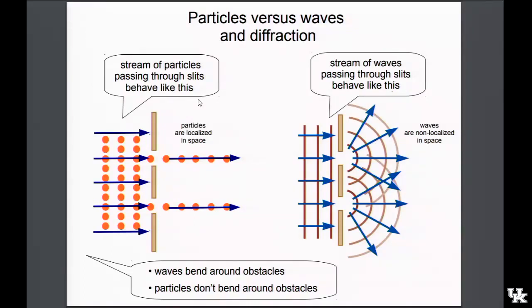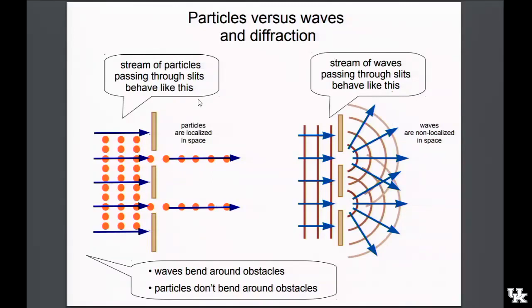And on the right here, I've got an identical wall, and I've cut two slits in this wall. The wall on the left, we're going to throw tennis balls at. So we're throwing particles at that wall. On the right, we're going to wash water waves onto that wall.